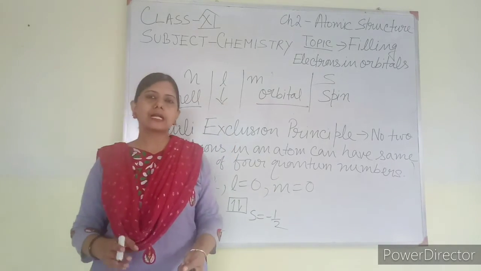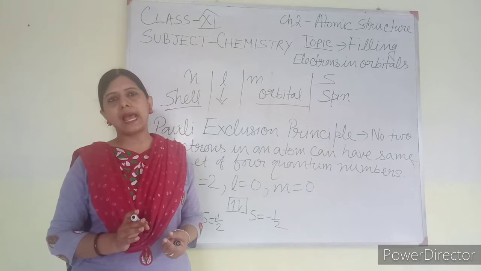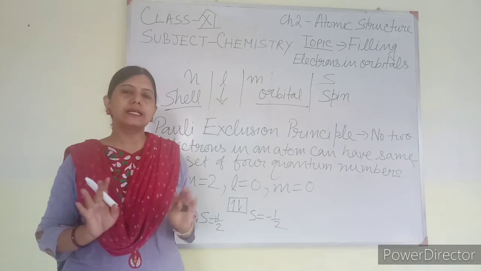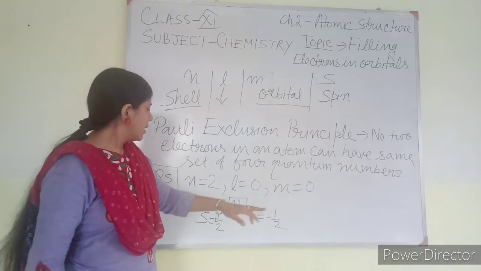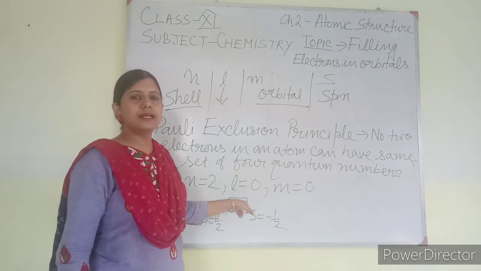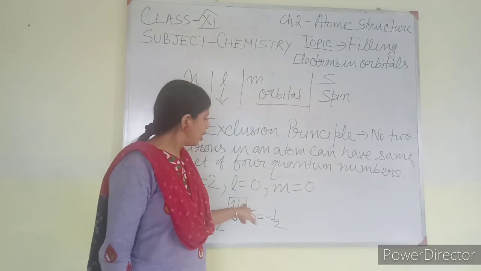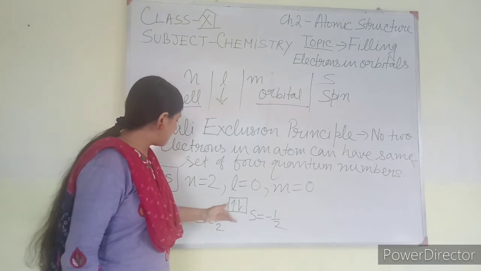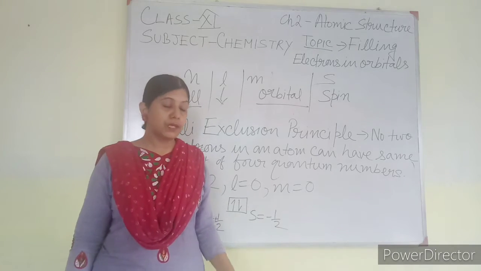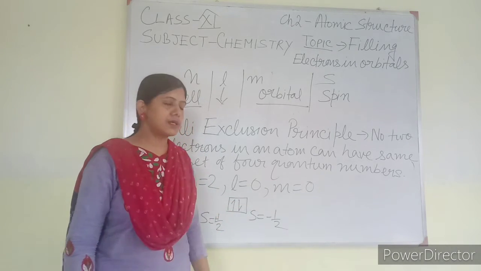Now we know the spin quantum number can only have 2 values. It cannot have more than 2 values. Suppose I want to enter another electron here, a third electron. What will be its spin? It can't have any spin other than plus half and minus half.